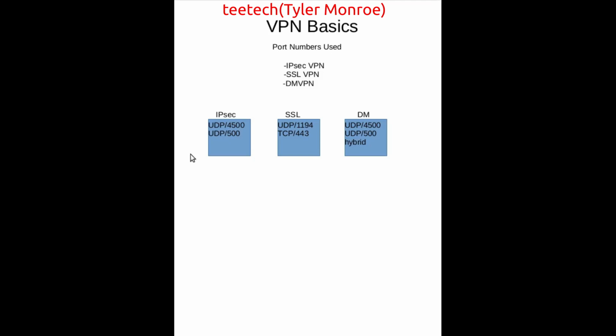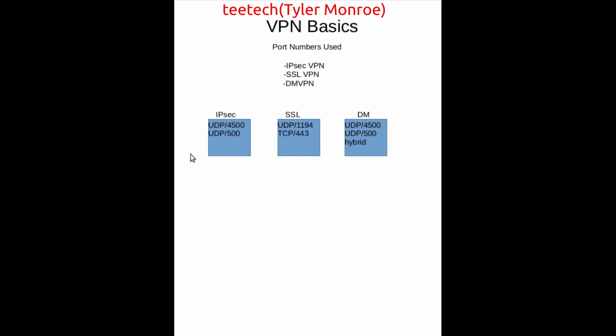Most all of them use UDP. That means they're connectionless, so you have lower latency. The port numbers we want to use for IPsec are 4500, and that is for NAT traversal, and you want to use UDP 500.